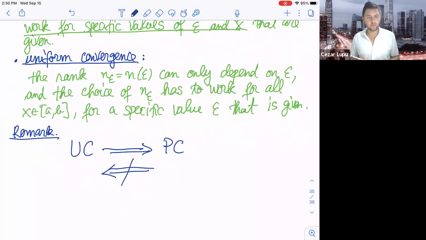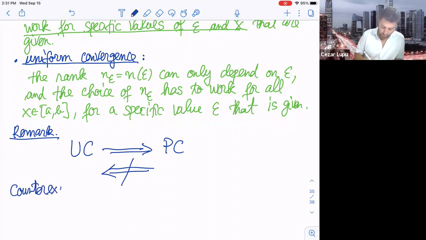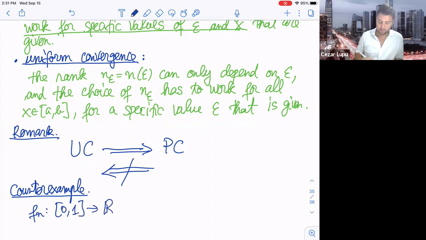So pointwise convergence does not imply uniform convergence, and the counterexample is the following. So let me consider this sequence of functions, Fn defined on the closed interval 0, 1, real valued, Fn of x is x to the power n.